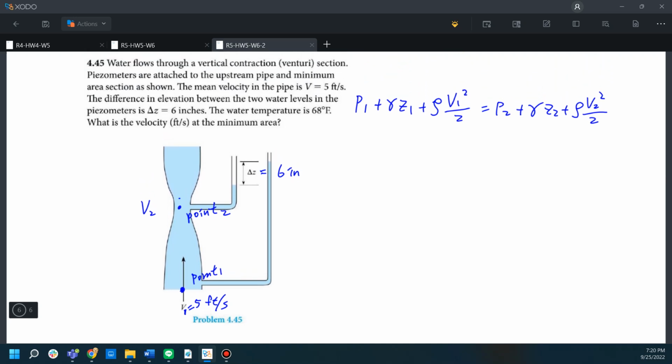And we can reorganize this Bernoulli equation into this form. That's rho V2 squared divided by 2 is equal to rho V1 squared divided by 2 plus P1 plus gamma Z1 minus P2 minus gamma Z2. This is a critical step: you should write the equation into this form in order to apply the piezometer's information.